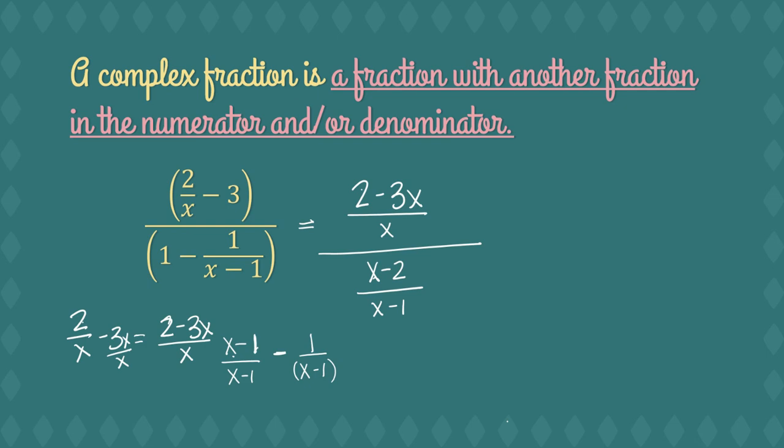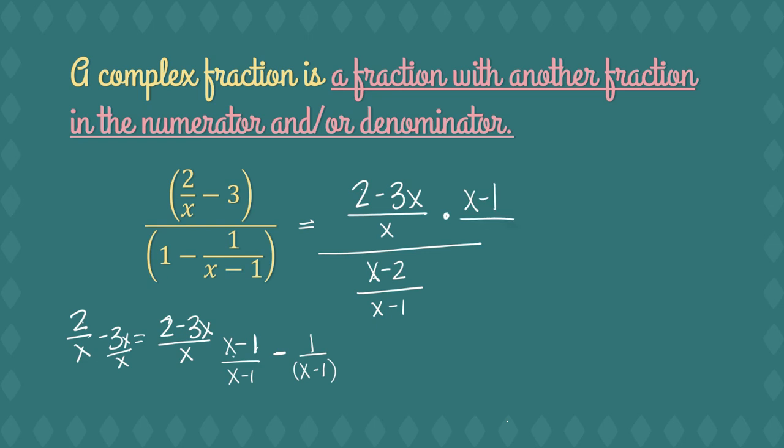So what I've done here is I have simplified my numerator into one fraction. I've simplified my denominator into one fraction. Now I'm simply dividing a fraction by a fraction. I can flip and multiply. So I'm going to take that fraction that's in the bottom, I'm going to flip it, and I'm going to multiply by the top.